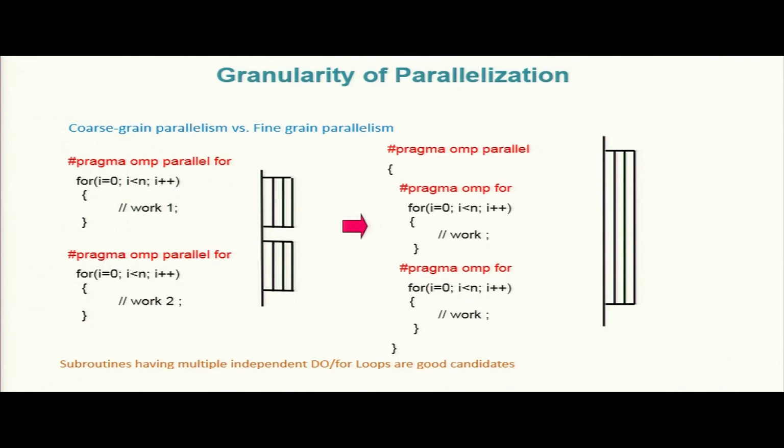With this parallel construct, a team of threads will be created, and this team will execute this part of code. When the team of threads encounters this OMP for, they distribute the iterations of this for loop. Here we don't have to say parallel again. If we say parallel again, nested parallelism would be created, which we don't want. So work will be distributed here, and again the same threads will come here and the work will be distributed.